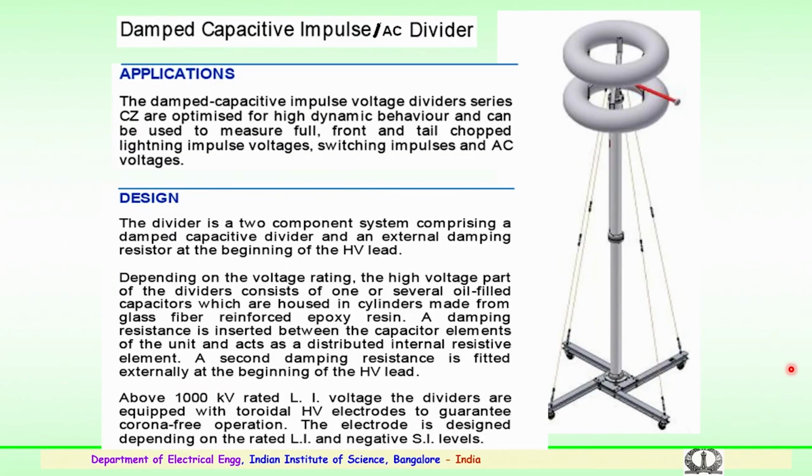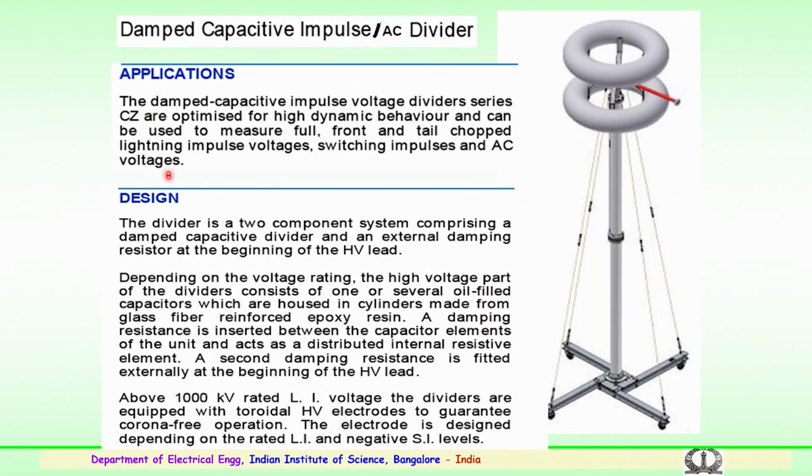The third type of dividers are known as the damped capacitive dividers, which could be impulse or AC dividers. So, they could be used for AC measurement or also for impulse voltages, not current, impulse voltages or AC applications.